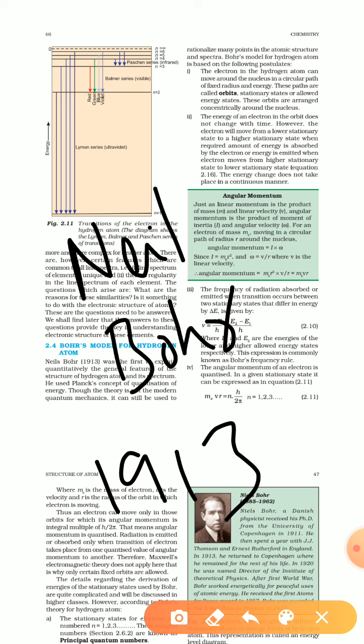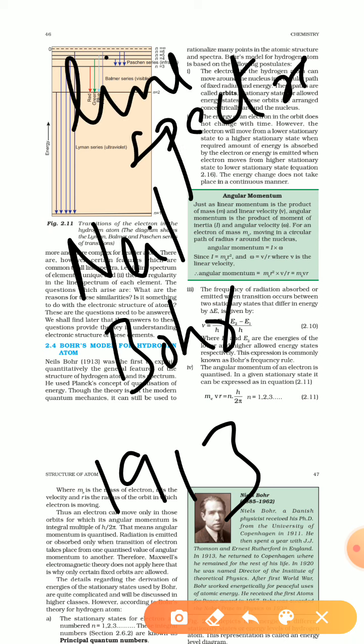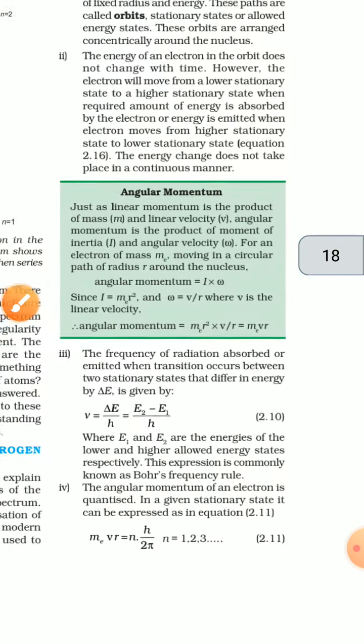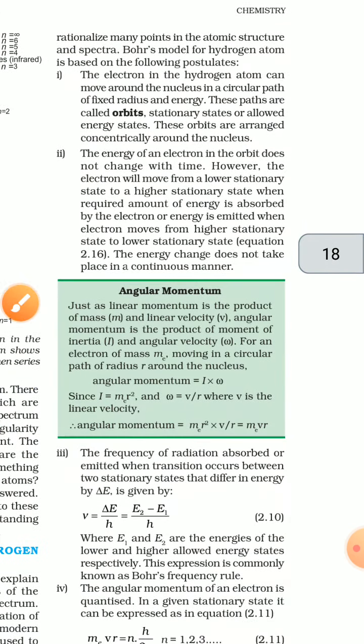He did the experiment mainly on the basis of the hydrogen atom spectral lines, and on the basis of those experiments he found out some rules, or postulates, that are mentioned here. We will discuss those postulates one by one.